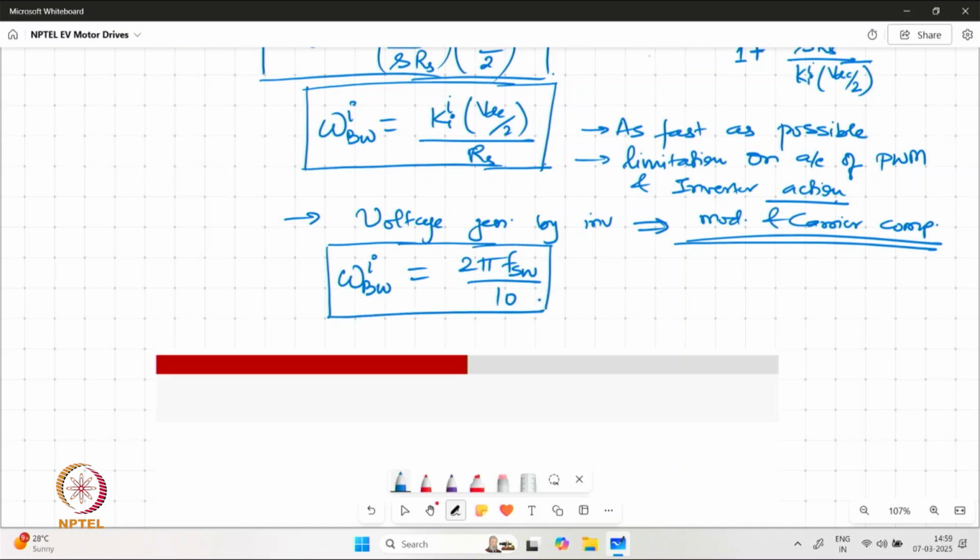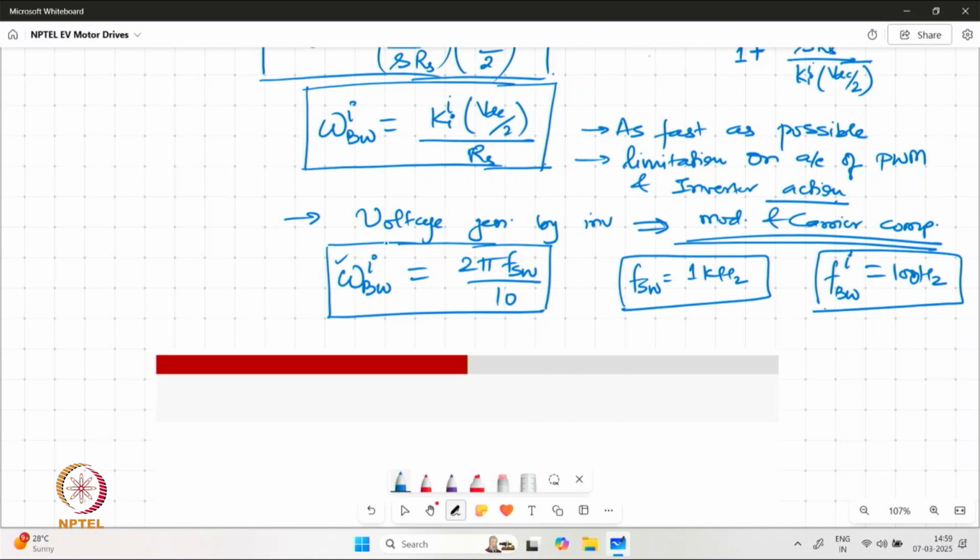In case of two-level inverter, this is also the carrier frequency. So what we are trying to state over here is that if we have a switching frequency of 1 kilohertz, we can comfortably achieve a bandwidth frequency of 100 hertz for the current control loop.